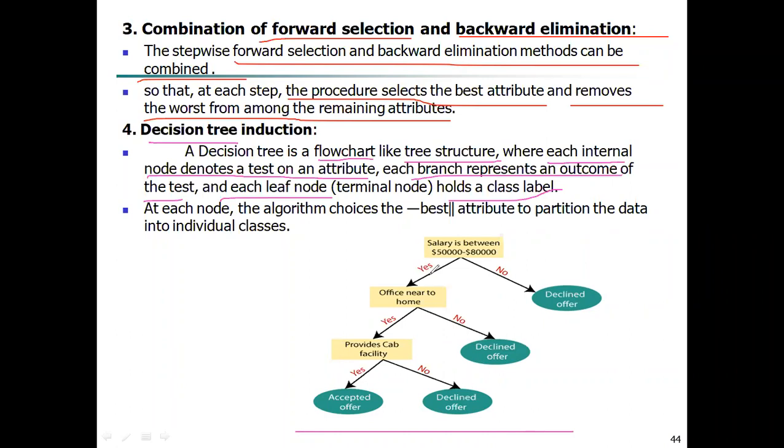What kind of decisions are we going to take based on this tree? First, see the example. This is one of the internal nodes, the root node. This root node has one attribute: salary is between 50,000 to 80,000.